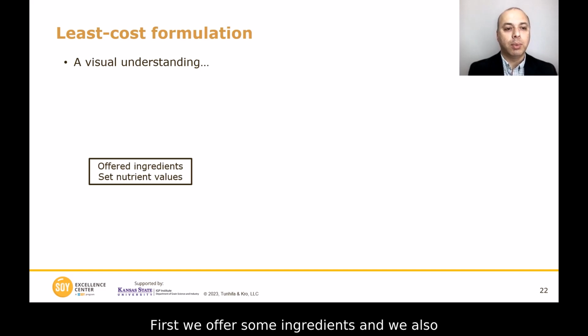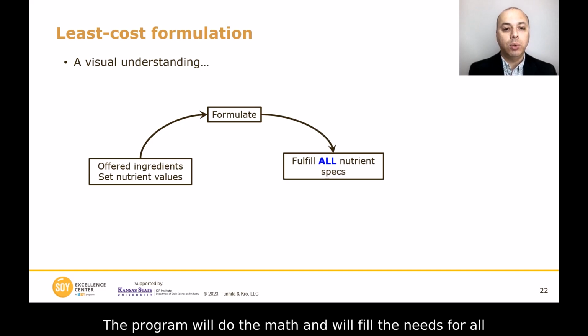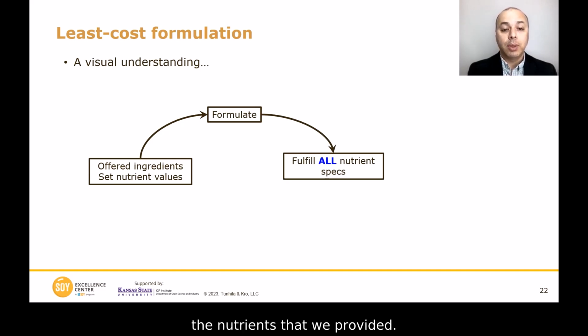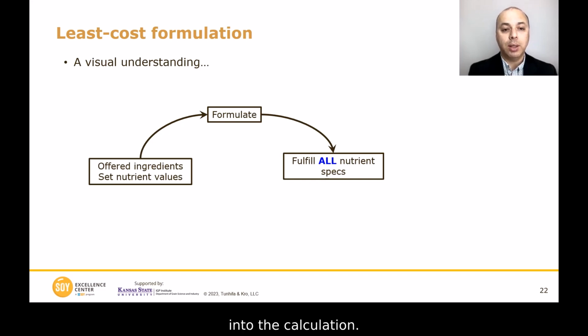First, we offer some ingredients, and we also set some nutrient values. And then we ask the program to formulate. The program will do the math and will fill the needs for all the nutrients that we provided. If we don't provide values or needs for nutrients, the computer is simply not going to take them into account into the calculation.